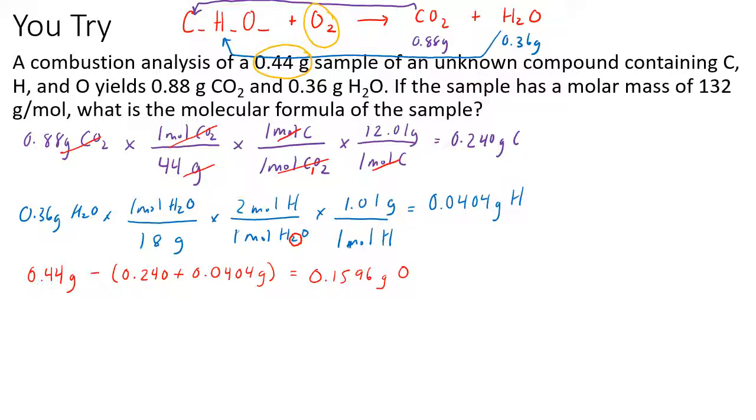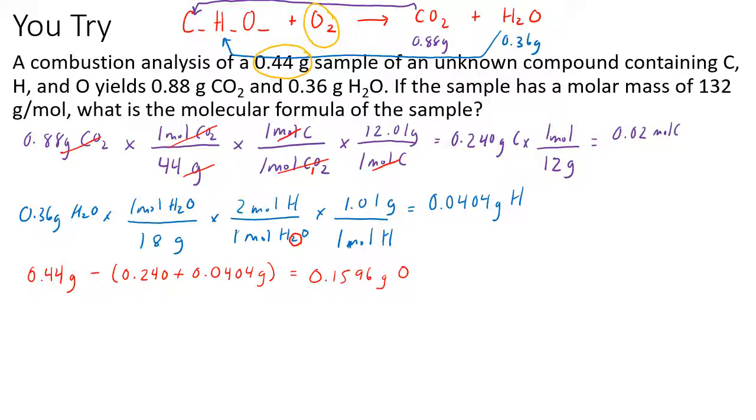So now that we have the mass of everything, let's convert our grams of carbon to moles of carbon. Take our grams of carbon and divide by 12 grams per mole to give us about 0.02 moles of carbon.